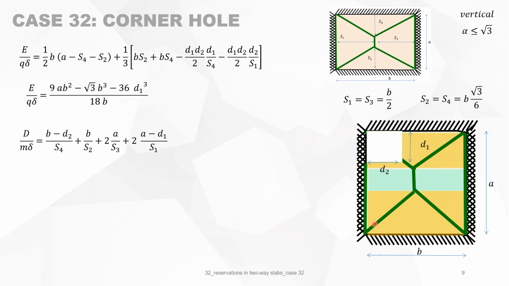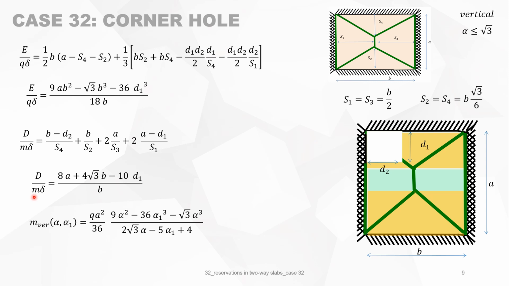On the other side, we got this yield line that is cut by the reservation, so it means that we got A minus D1 divided by S1, and then we got it two times for this yield line. Substituting for S1 to S4 gives us this. Now D is equal to E, then we can get M out of it, but at the same time we will use dimensionless parameters, and then we have this expression for the M vertical.